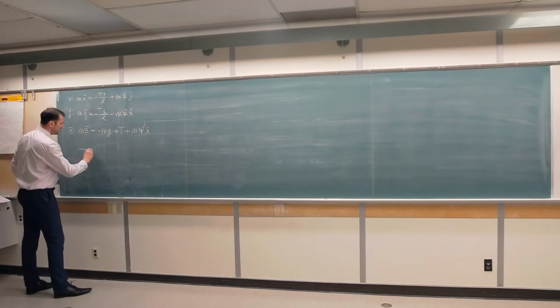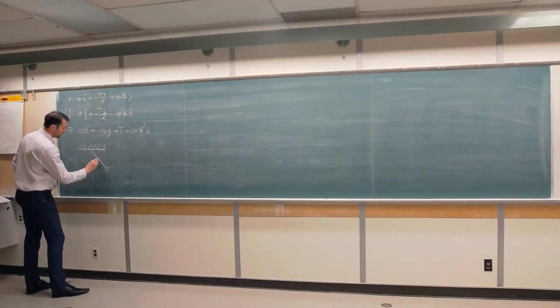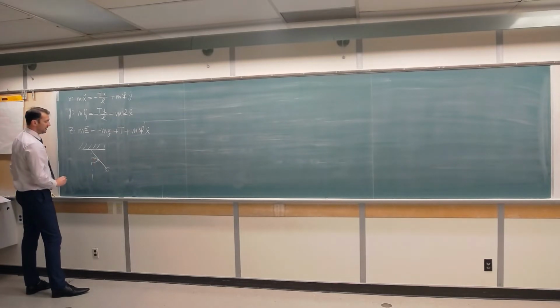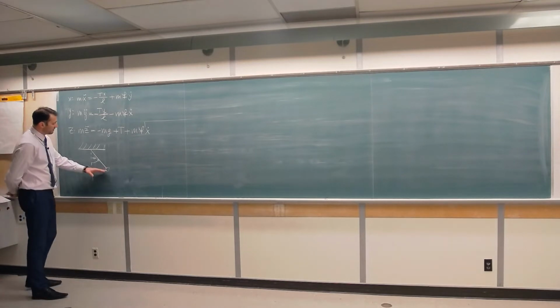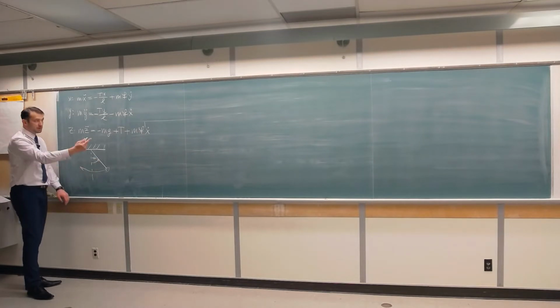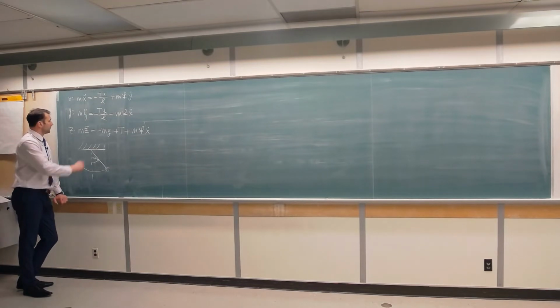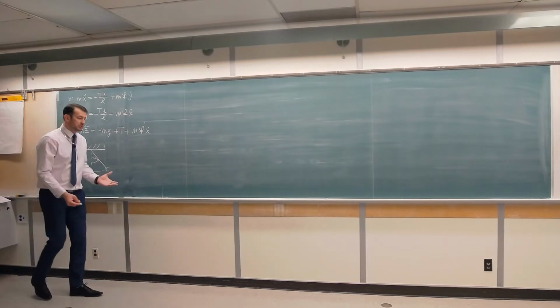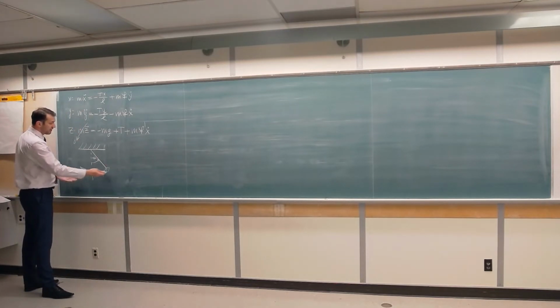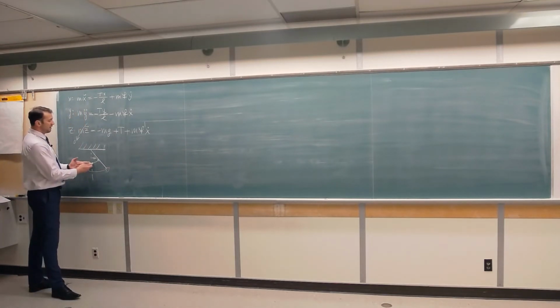Let's put it here. If we have this pendulum that is displaced by a small angle theta, we already said that it will swing back and forth like so. And we already said previously that the vertical component of velocity is negligible. Therefore, acceleration in the vertical direction is also negligible. We are assuming that oscillations are entirely in the horizontal plane, and that is an excellent approximation if theta is very small.